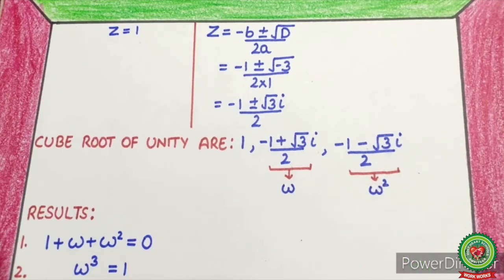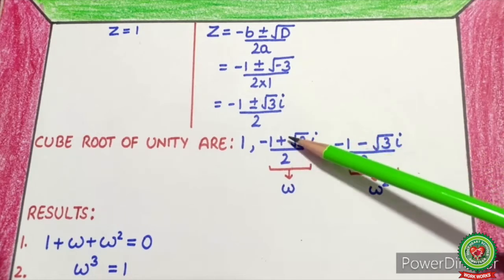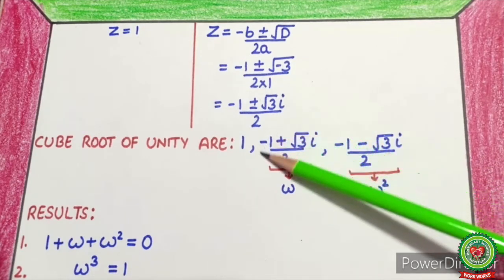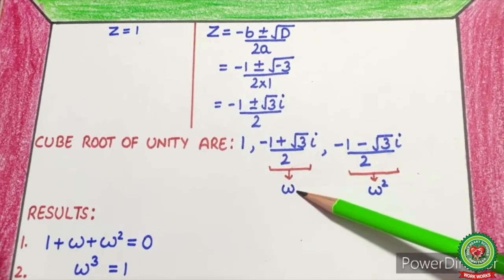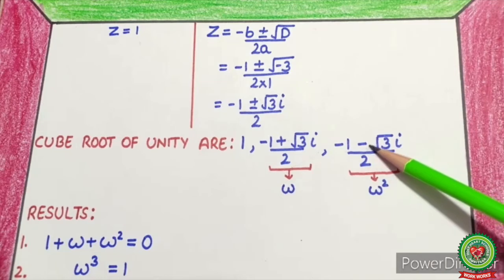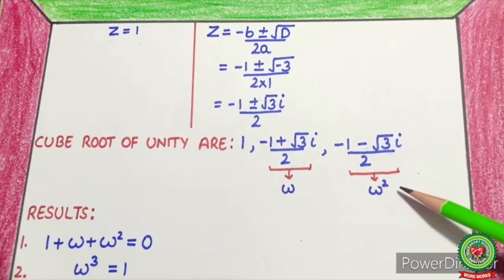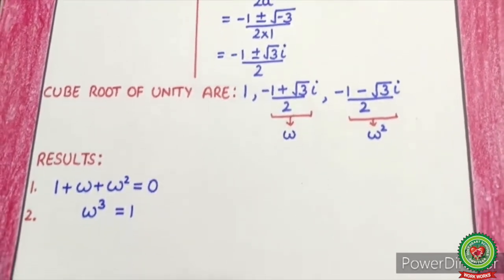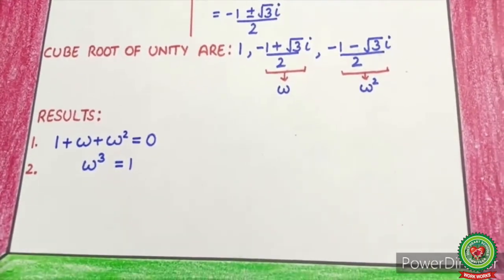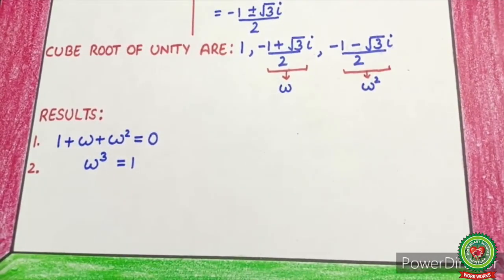Now listen carefully. With the plus sign, we are going to denote this value with omega, and with the minus sign, we are going to denote this value with omega square, because we are going to use some results to solve the questions. Our first result is 1 plus omega plus omega square equals 0.